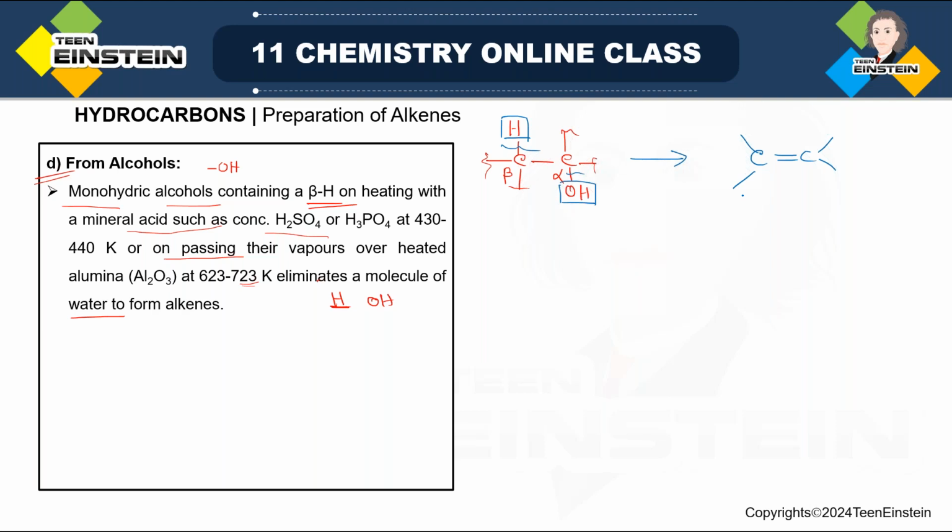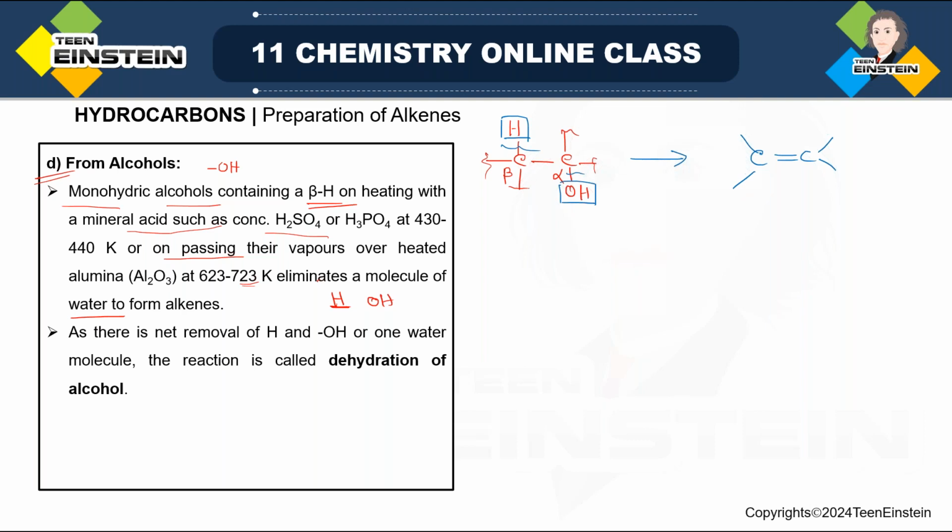The same thing we have also seen in the case of alkyl halides, where elimination of HCl or HBr is happening, and depending on how many different types of beta hydrogens are present, that decides which will give the more stable alkene. That mechanism we also saw in the last class, right? So the same thing is here.